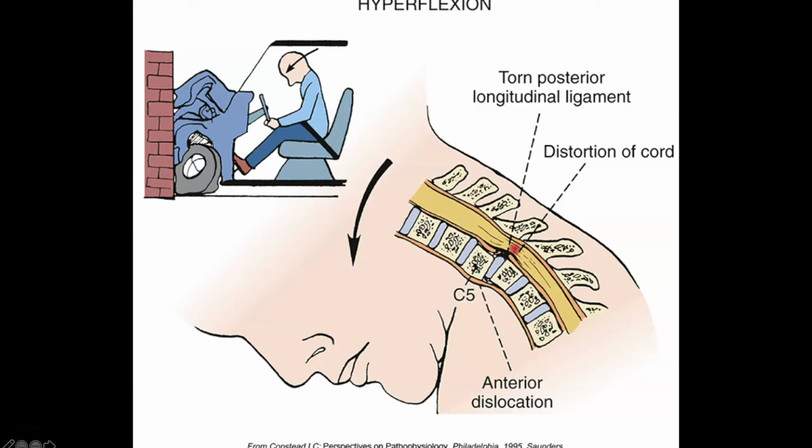So you notice that the chin hits the chest and you get kind of a fulcrum that's occurring there from the chin hitting the chest. The head is still moving forward, and so it creates an additional tension on the cord in that hyperflexion injury. So we have distortion of the cord there, and in this case here, it's showing an anterior dislocation of C5. That doesn't necessarily have to happen in order to have that cord be torn or injured.